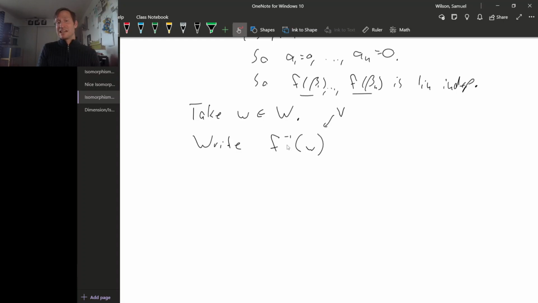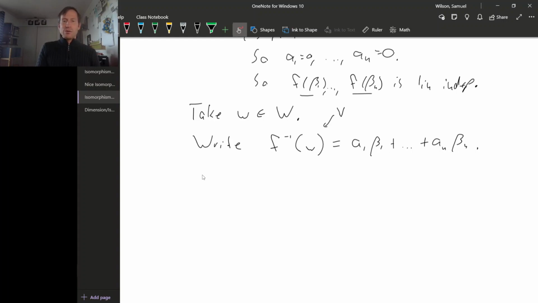F inverse is an isomorphism that transports us from W to V. So since f inverse of w is in the vector space V, we can write it as a linear combination of the betas, because the betas span V because they're a basis for V. So f inverse of w, we can write it as a linear combination a1 beta 1 plus dot dot dot up through an beta n for some choice of coefficients a1 through an.